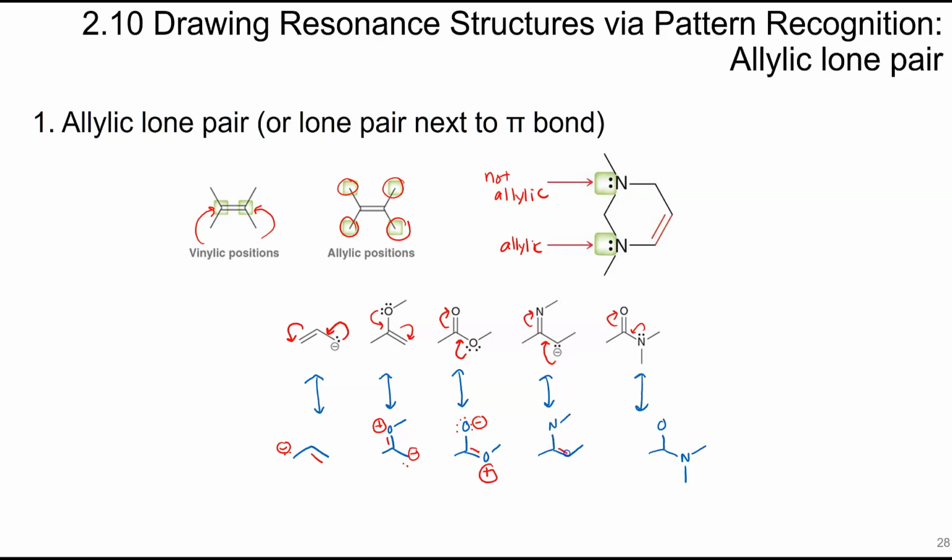This one will have the double bond here. This will get an extra lone pair, so that's negative. And then I have a double bond here and an extra lone pair on the oxygen. And nitrogen is positive. So all of those involve 2 arrows. So that's the allylic pair of lone electrons.